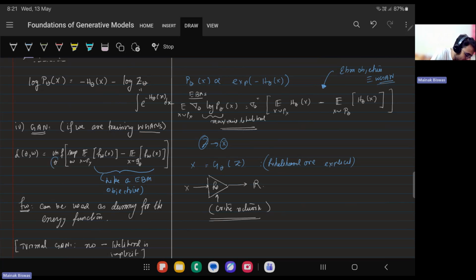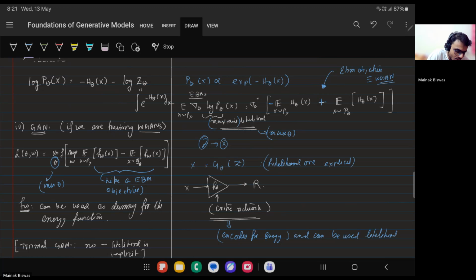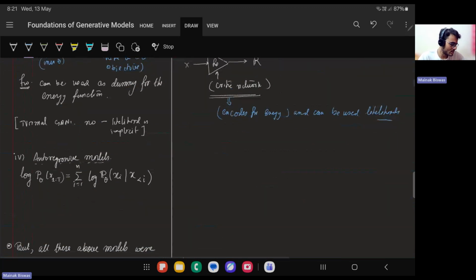At least in terms of the theta parameters, remember this was the opposite sign, but it was maximization over theta, and your Wasserstein-GAN is minimum over theta. Therefore, they're exactly the same. The critic network, therefore, actually encodes for the energy, and can be used for likelihoods. So this was a brief recap.